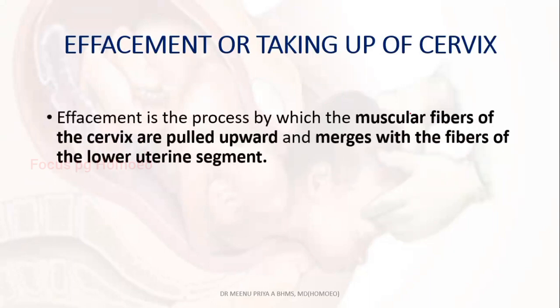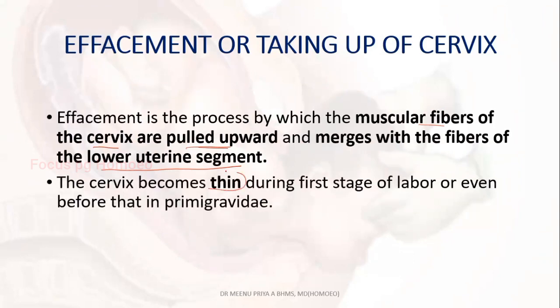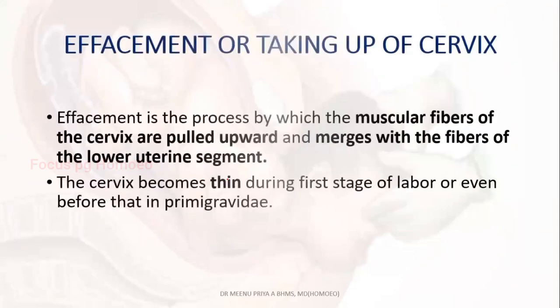Effacement is a process by which the muscular fibers of the cervix are pulled upward and merge with the fibers of the lower uterine segment, and the cervix becomes very thin during the first stage of labor, and even before that in primigravida. So thinning of the cervix, with the cervix being pulled upward and merging with the lower uterine segment, is called effacement.